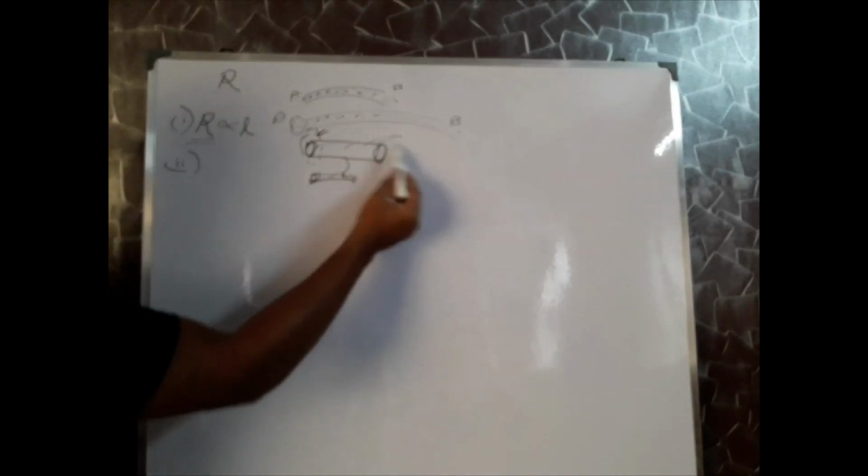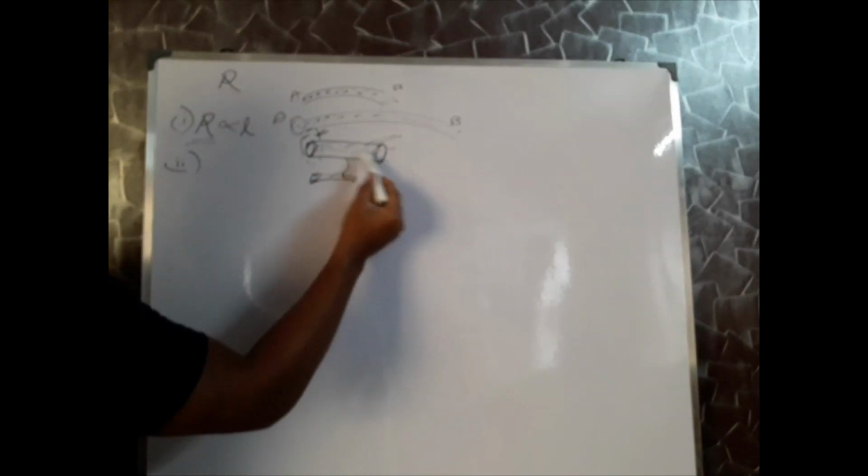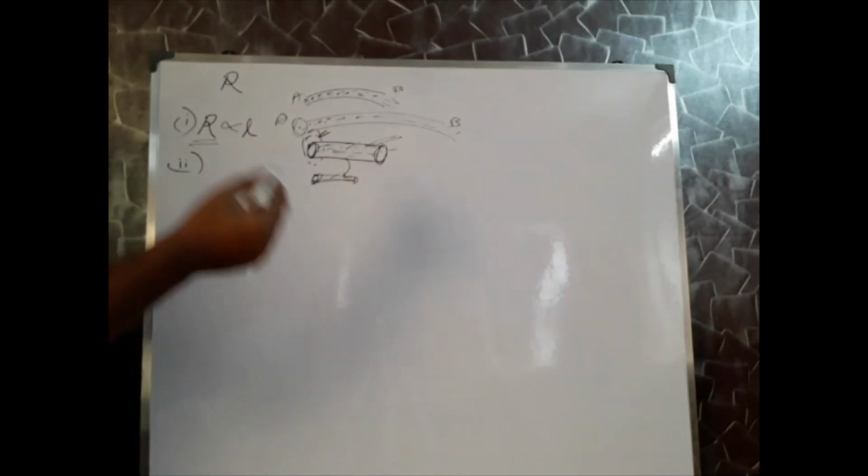So if the cross section is larger, that means more water can flow. The same thing happens: more electric charge can flow, and when more electric charge can flow, that means the rate of current will increase. So that means resistance will be decreased.